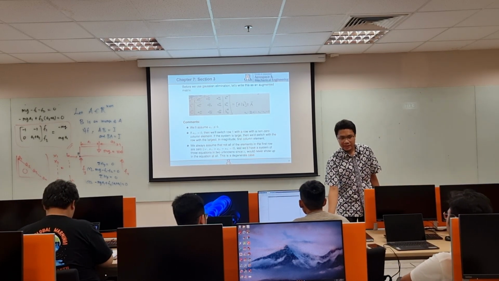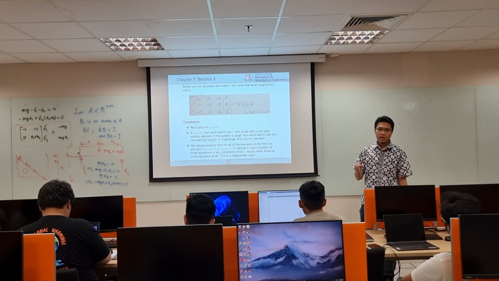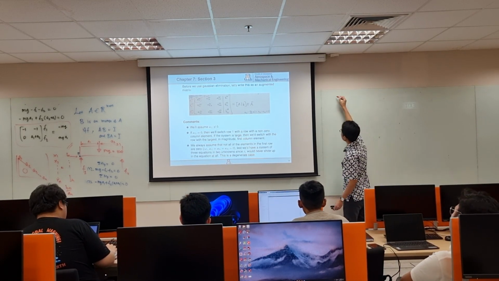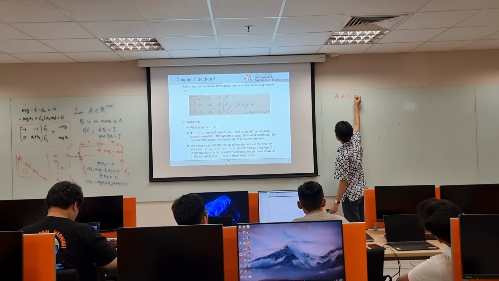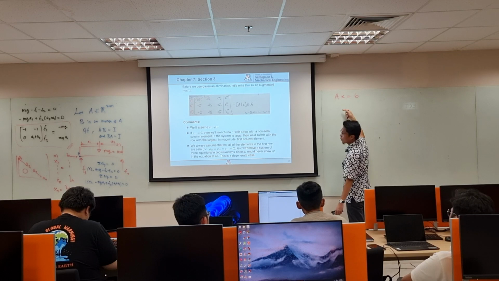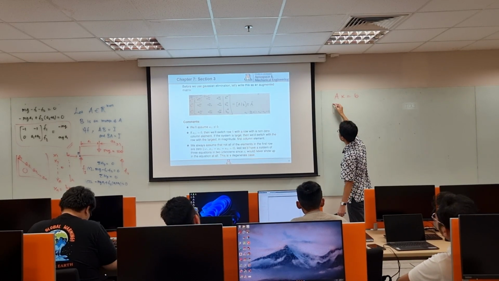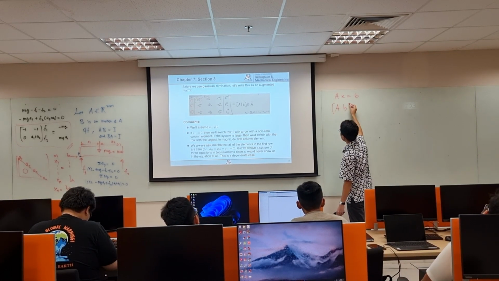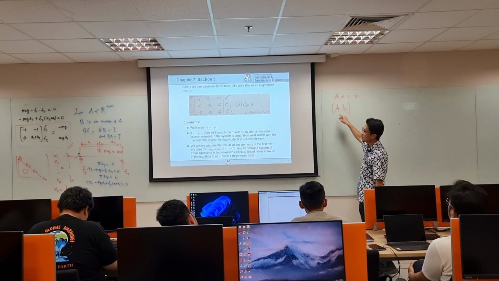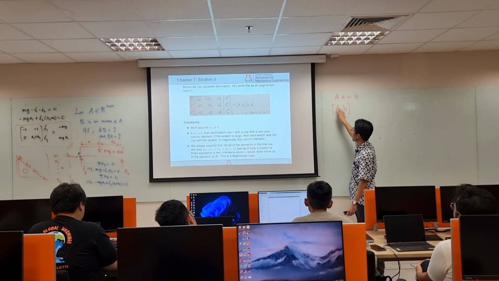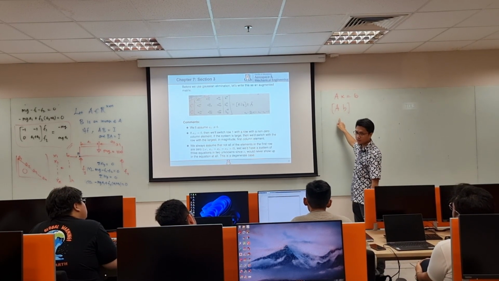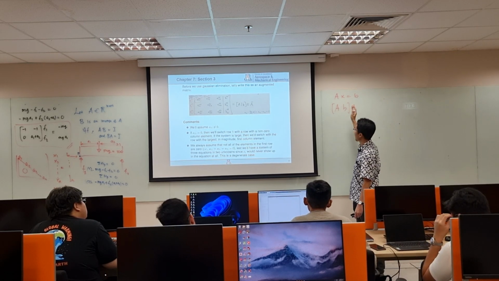Before you do the elementary row operation, you have to augment the matrix. Previously, you have AX equal to B, and then you augment the matrix into A and B. After that, you do the elementary row operation to this matrix. This is not multiplication; we only add a column here.